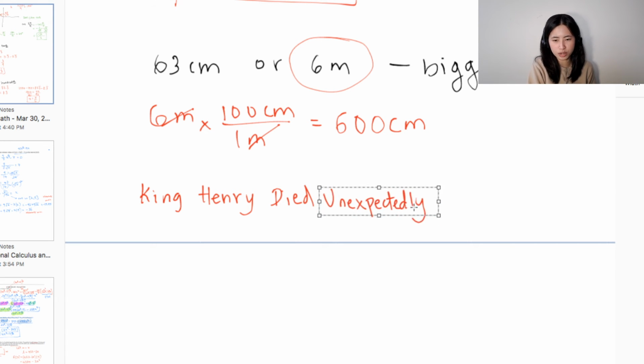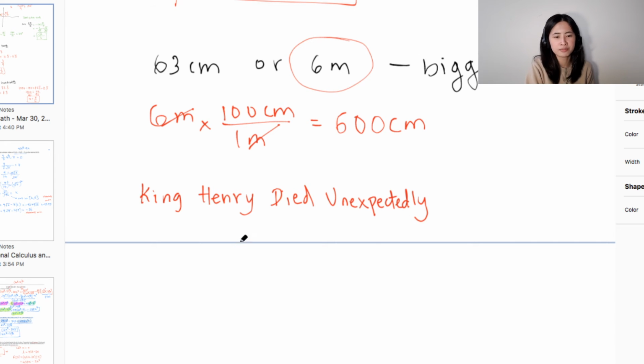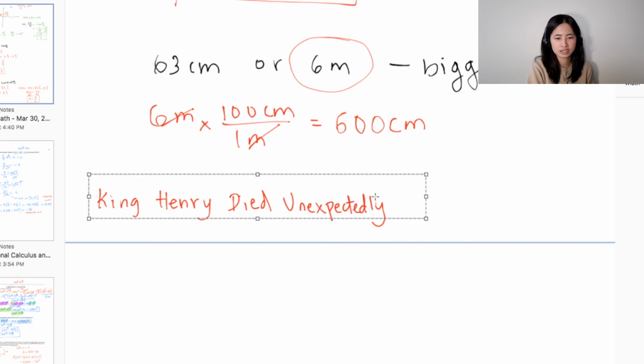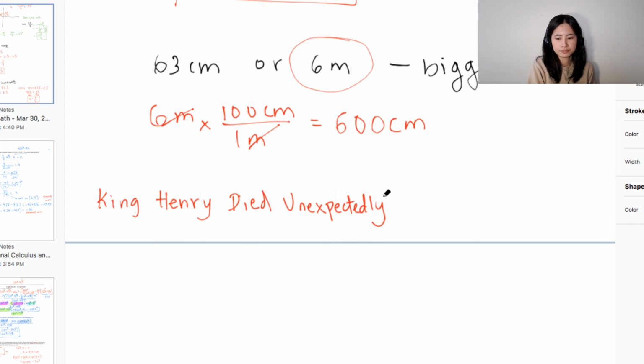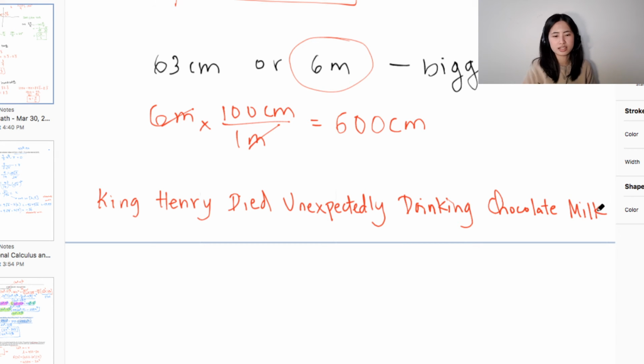But for those of you still learning this for the first time, this is the mnemonic that you have to remember. King Henry died unexpectedly drinking chocolate milk.